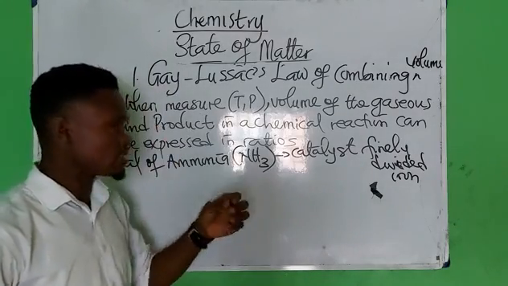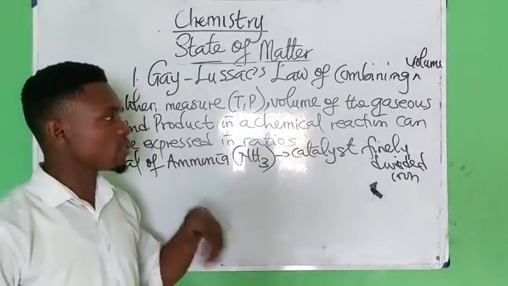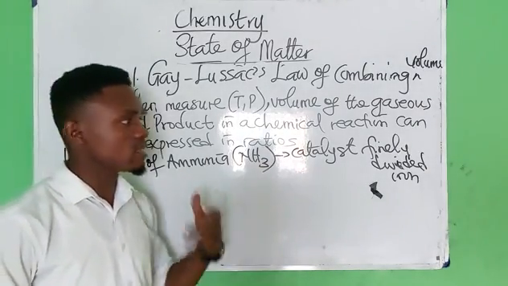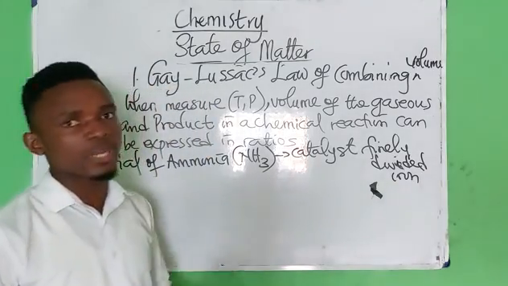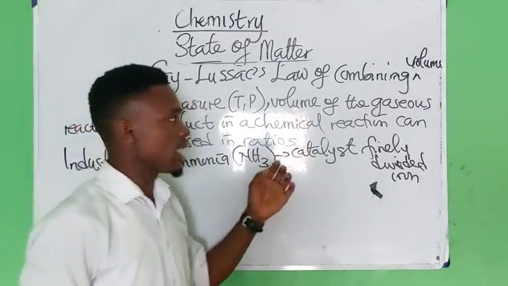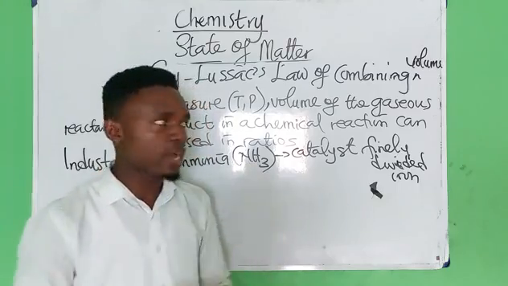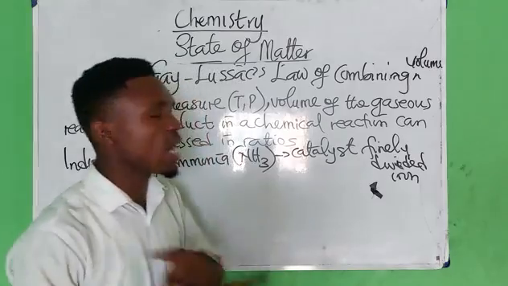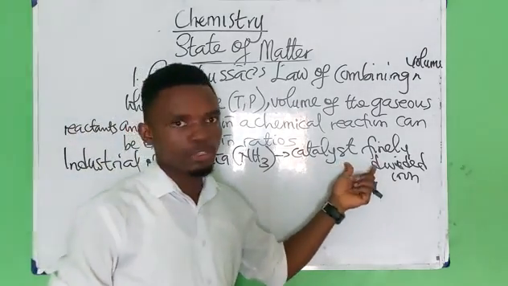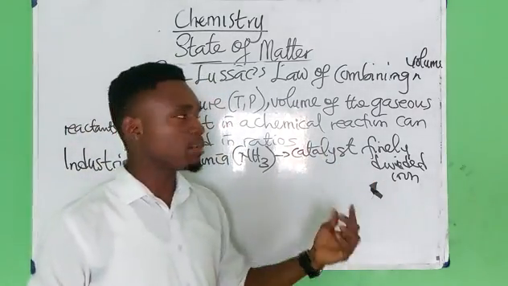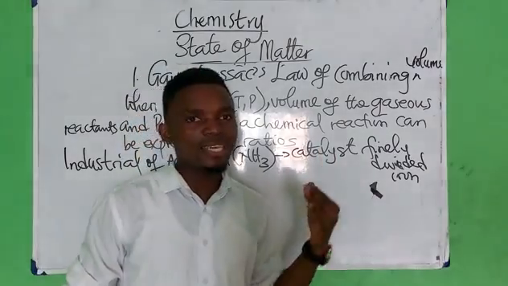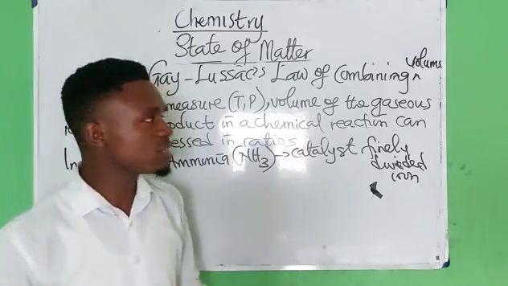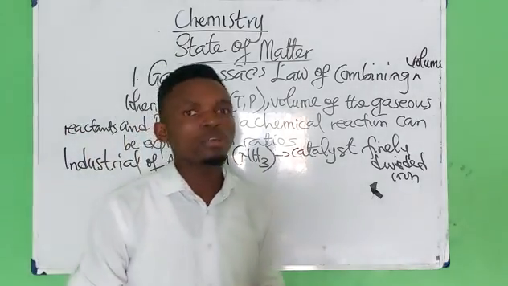A catalyst is a substance that alters the rate of a chemical reaction, and at the end of the reaction, it remains unchanged. For it to alter a chemical reaction, it either increases or decreases the rate of the chemical reaction.